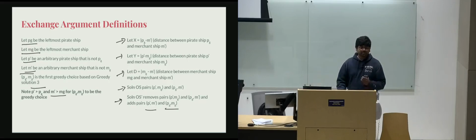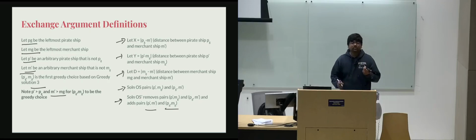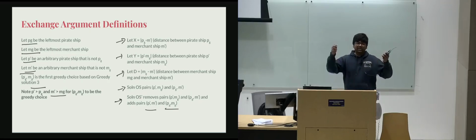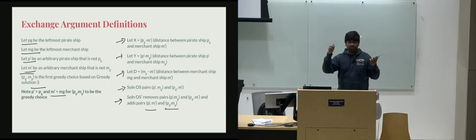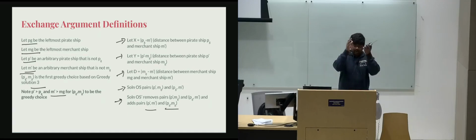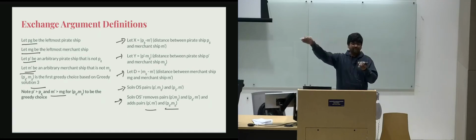How do you know that P prime and M prime will be paired? So it's like this. Let's say OS is not picking your leftmost pirate and leftmost merchant. Then you can pair the leftmost merchant with some arbitrary P prime. If the leftmost pirate is not paired with MG, then it has to be paired with some other arbitrary M prime.